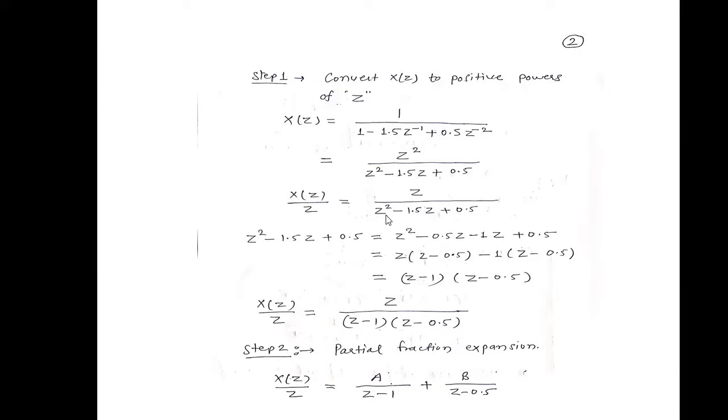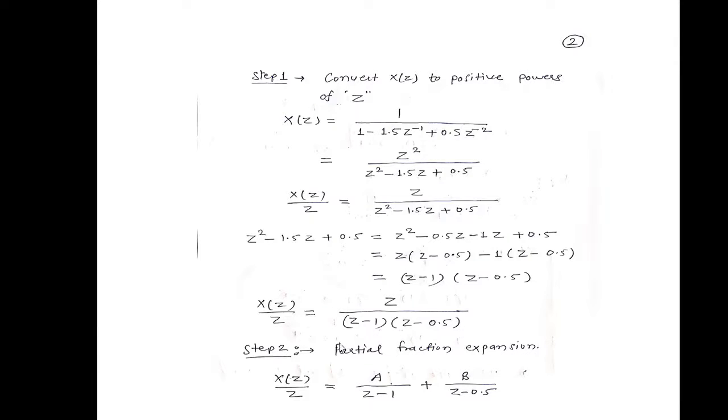So the denominator is given as z square minus 1.5z plus 0.5, and we can solve this expression like this. After solving, we will have z minus 1 and z minus 0.5. So by putting this in the denominator, we get z upon z minus 1, z minus 0.5.